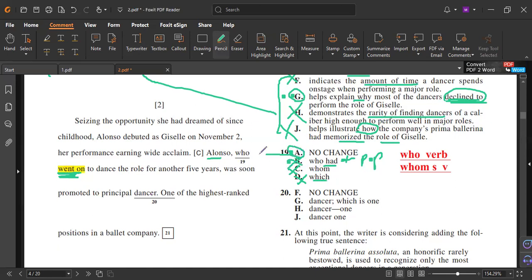So A is correct. Is there any mistake in A? No. Who refers to Alonso, a human, and the past simple is correct. And here we have commas. So everything is correct, so that letter is the best. Sometimes if you don't find the correct answer, find the wrong answer.